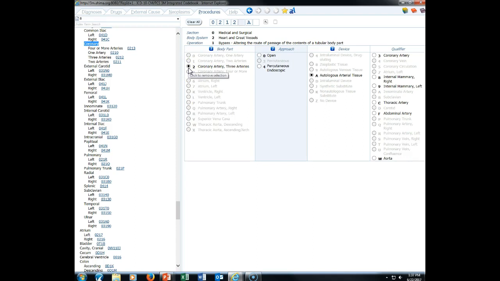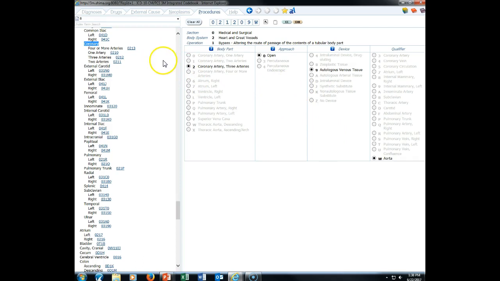If they use different material, we would have to be coding them separately. Our approach is going to be open. We know that it's autologous venous tissue, and it is from the aorta. So our code is 021209W for the actual CABG.